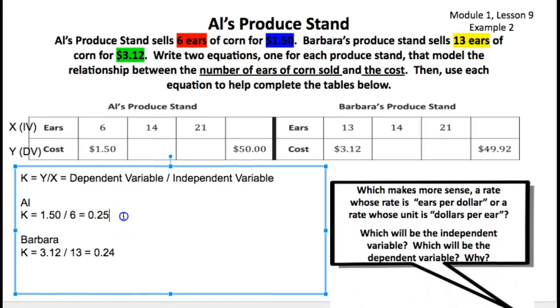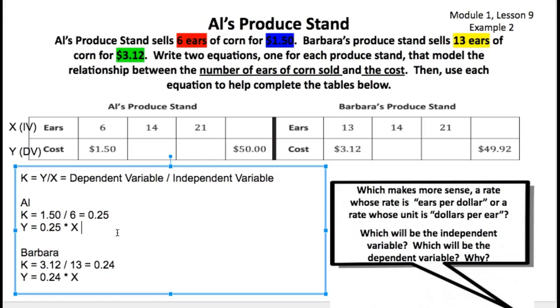So we know the constant of proportionality for each produce stand, and so let's fill this in for our equation. Y is equal to 0.25 times X. And for Barbara, we have Y is equal to 0.24 times X.